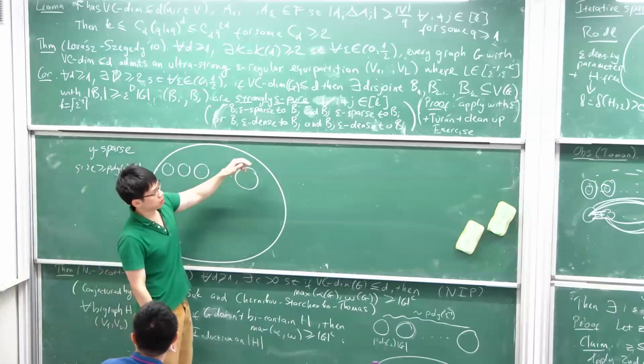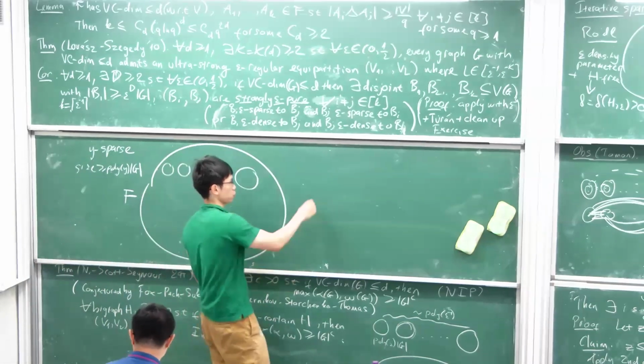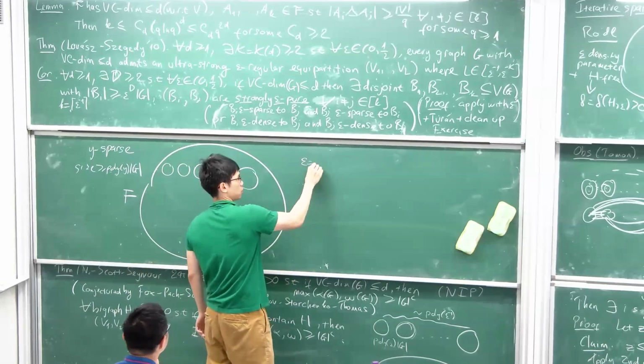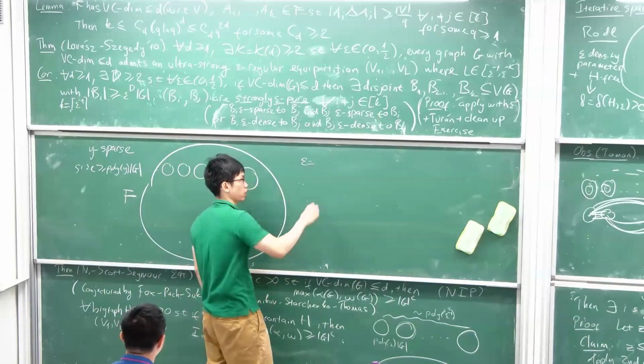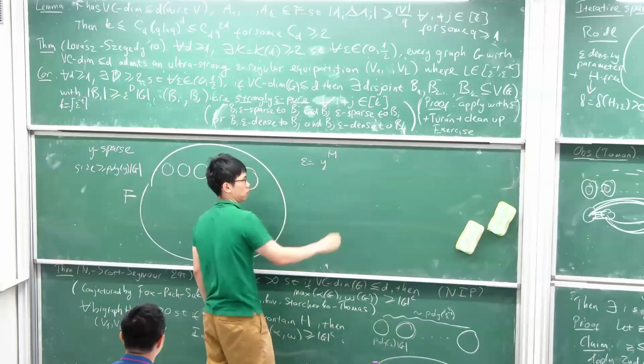But here I have to choose epsilon. So what am I going to choose? I will choose epsilon to be some huge power of y.